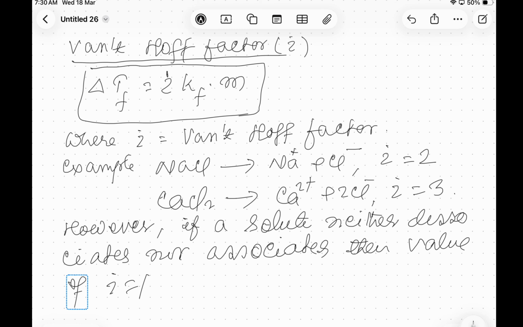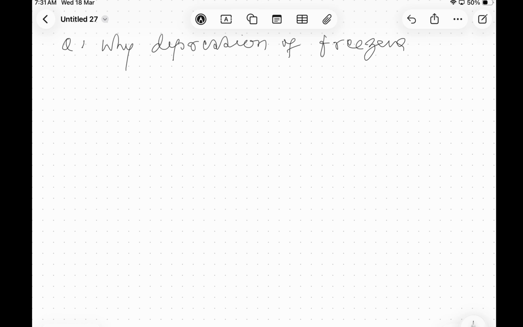Now let me explain one more question. Explain why depression of freezing point is a colligative property.